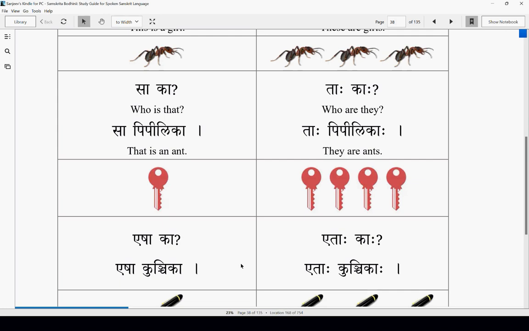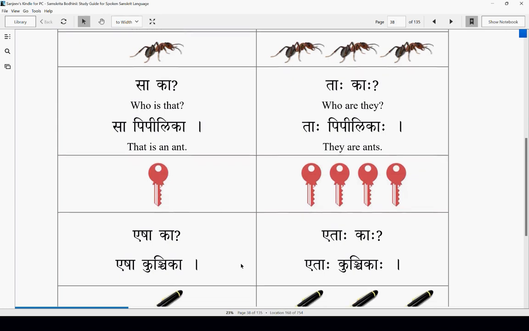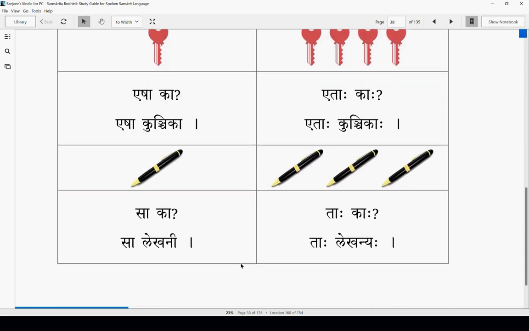Then dirgha ikaranta also we have seen. Here Lekhani, Lekhanyah. Similarly, here many other dirgha ikaranta words. When we say dirgha ikaranta word, we are not referring to its prathama vibhakti form. This is the prathama vibhakti form, right? Sa Lekhani. What is the vibhakti here? Prathama vibhakti.